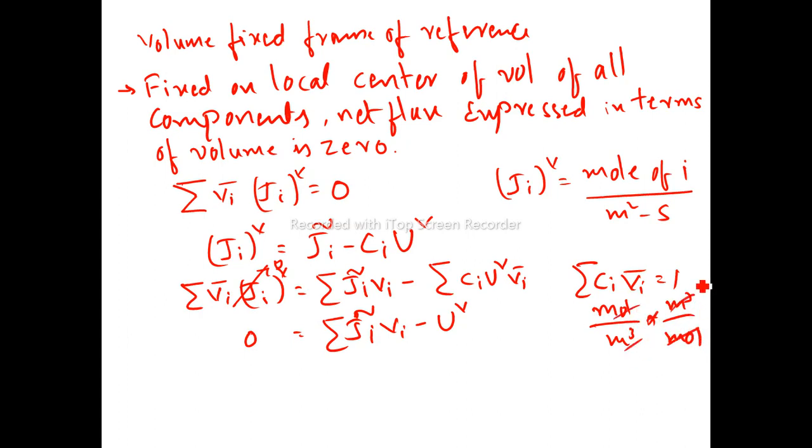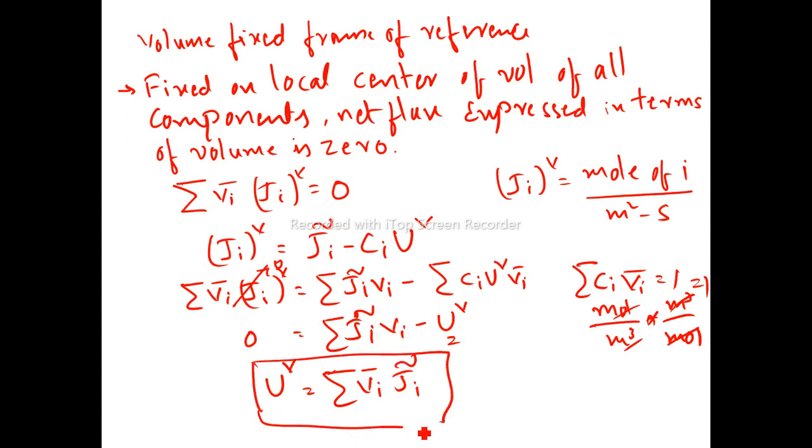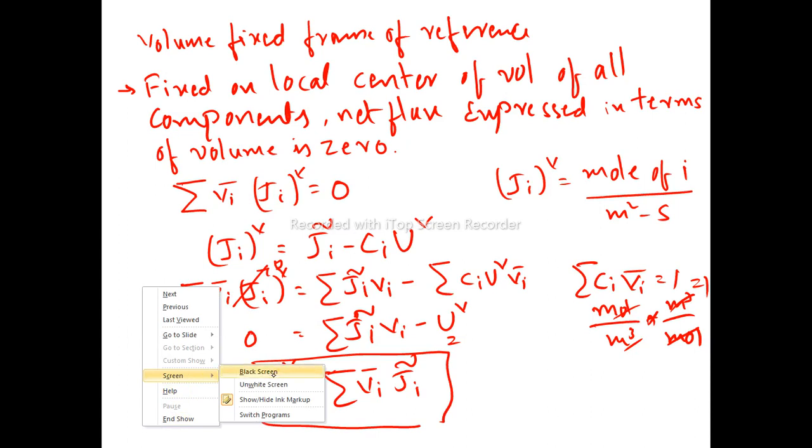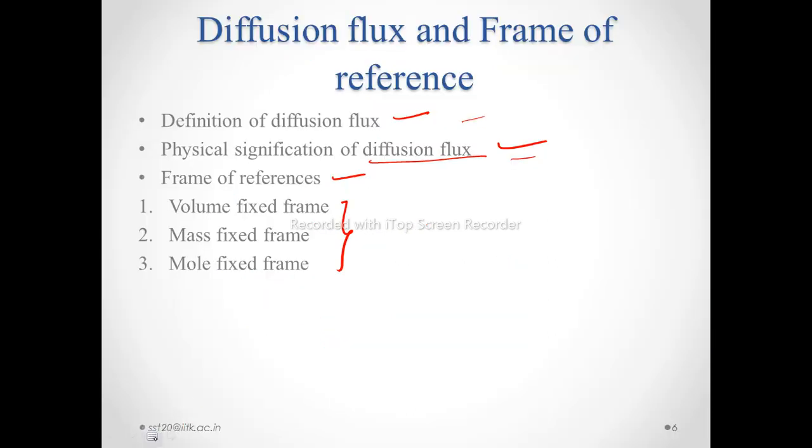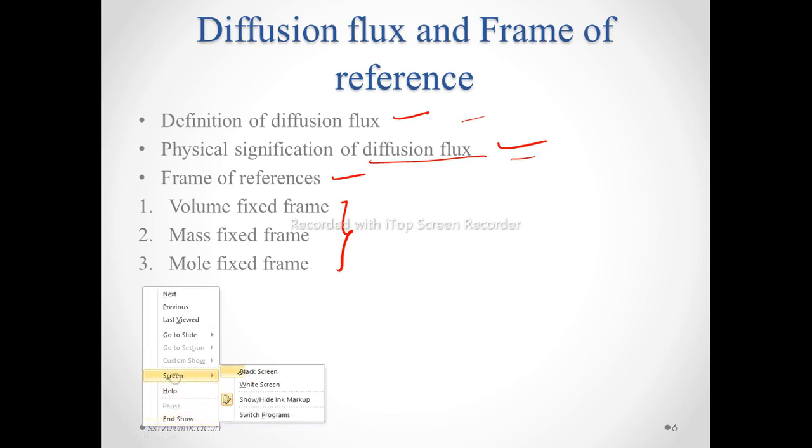Mole cancels, meter cancels, and the result is 1. So the velocity of an atom at the volume fixed frame of reference is given by summation of Vi into Ji tilde. This is the equation that we get from the volume fixed frame of reference.